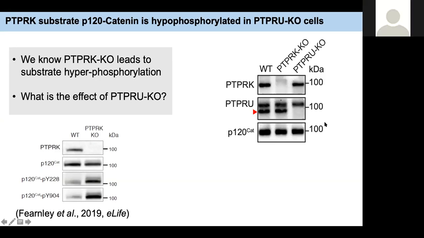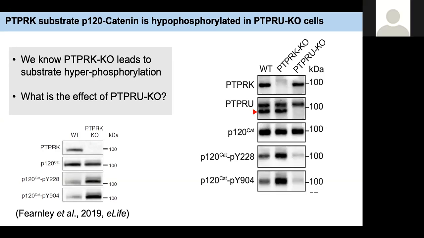So really what we saw is first we were able to replicate this result where in PTPRK knockout cells you see hyperphosphorylation of p120 catenin, which agrees with knocking out the phosphatase which dephosphorylates it. But then, surprisingly, for PTPRU, it can bind these proteins, and we found that when you knock out PTPRU you actually get a reduction in the amount of phosphorylation of these substrates versus what you see in wild type cells.